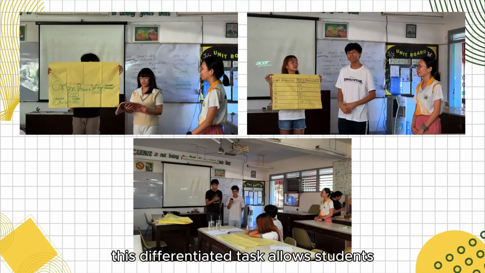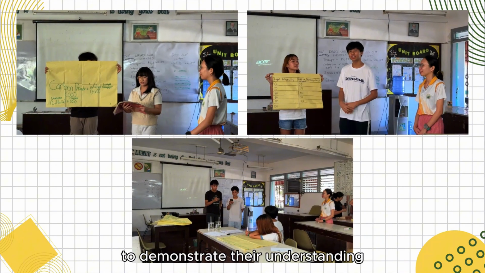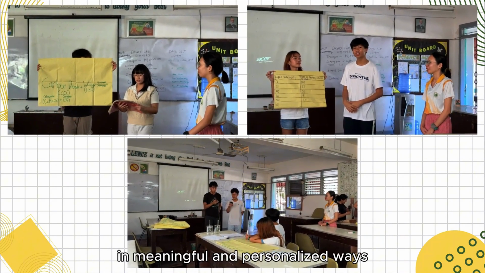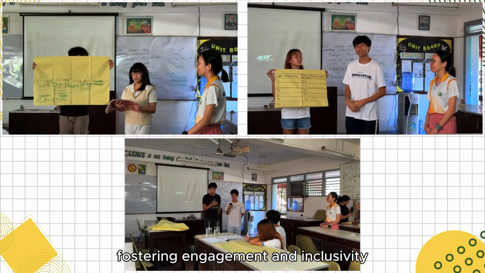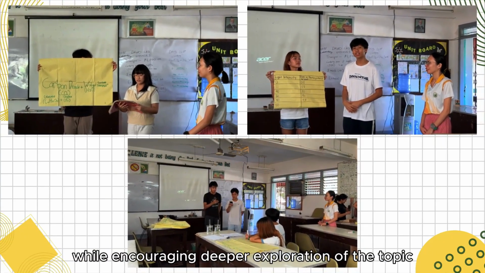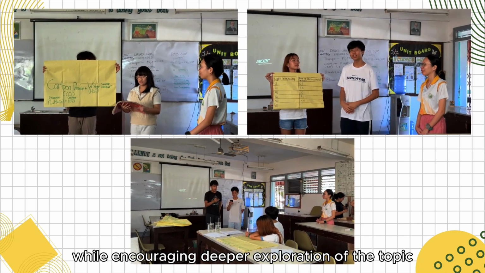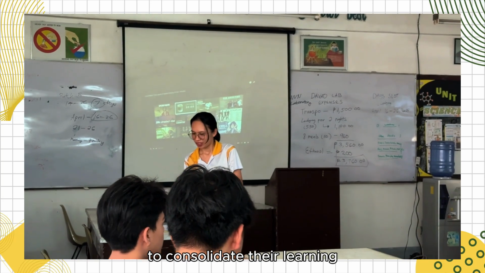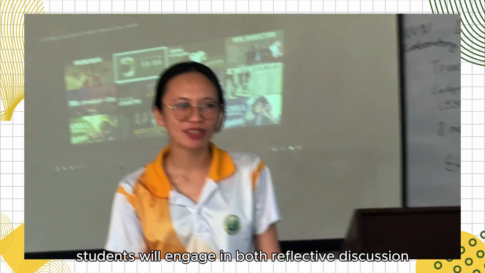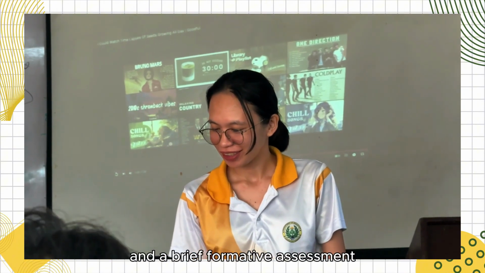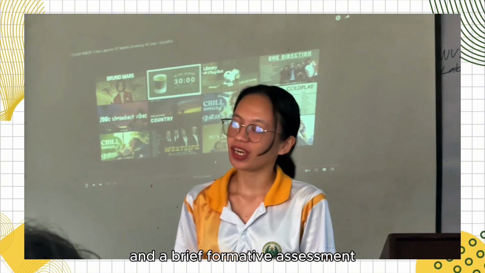This differentiated task allows students to demonstrate their understanding in meaningful and personalized ways, fostering engagement and inclusivity while encouraging deeper exploration of the topic. To consolidate their learning and assess their understanding, students will engage in both reflective discussion and a brief formative assessment.